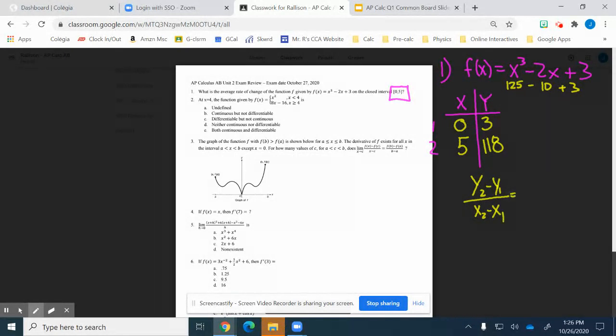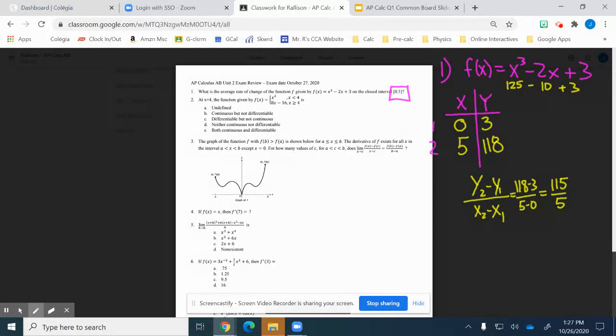So we're going to get 118 minus 3 over 5 minus 0, right? So that's going to give us 115 over 5. Well, that's different than when we did it before. Let me just double check that. 5, 125, 10, 3. Yep.